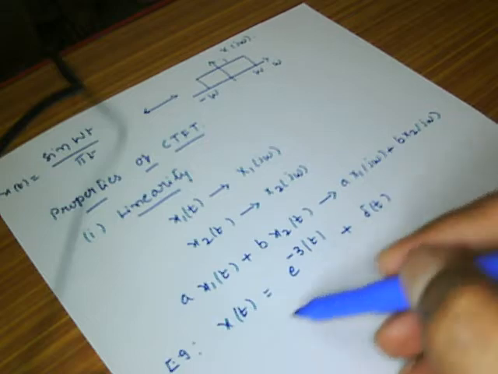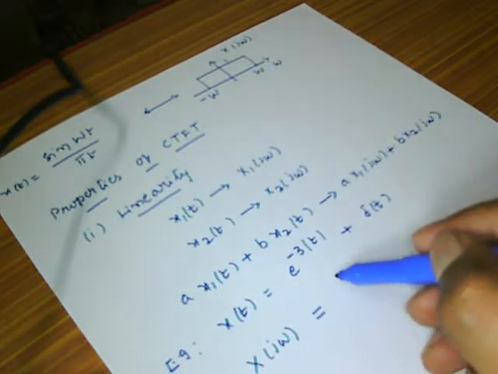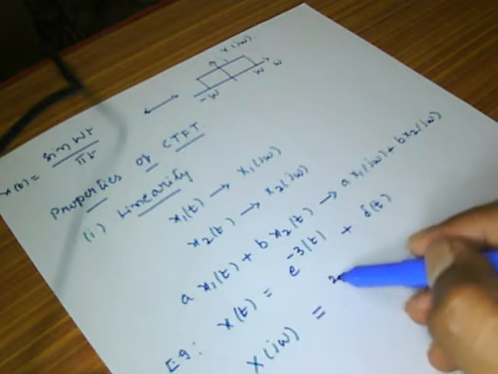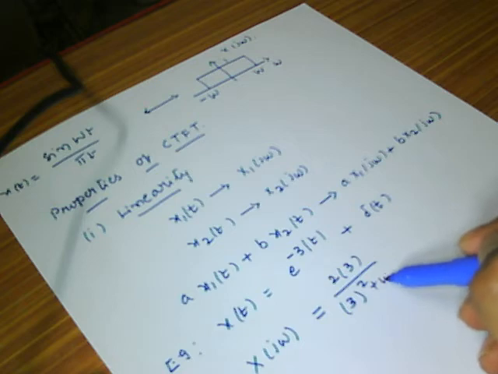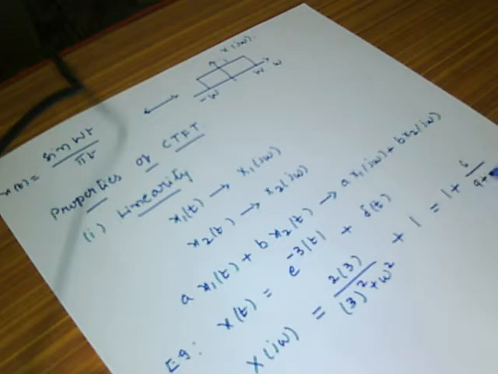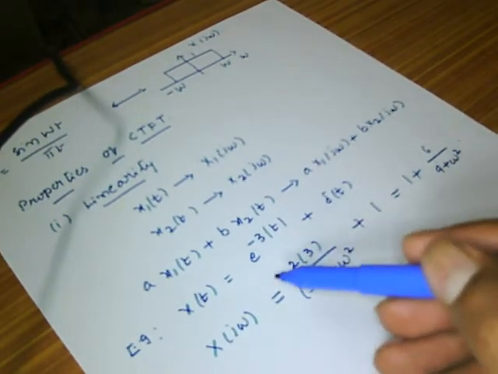So what will be the Fourier transform of this signal? X of j omega will be equal to, so we have seen that e power minus a mod t will have 2a by a square plus omega square as the Fourier transform, and delta of t will have 1 as the Fourier transform. So this simplifies to 1 plus 6 by 9 plus omega square. So that is the Fourier transform of this signal. So here linearity property helps us.